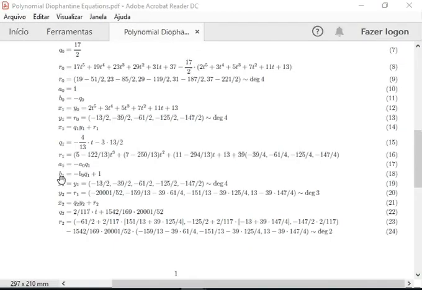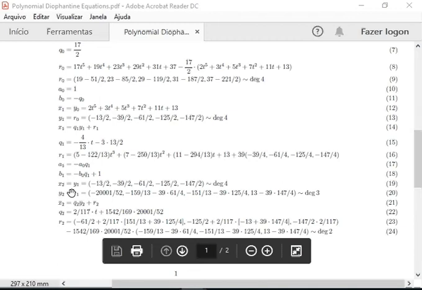Who is x2? y1, degree 4. Who is y2? It is r1, a polynomial of degree 3.